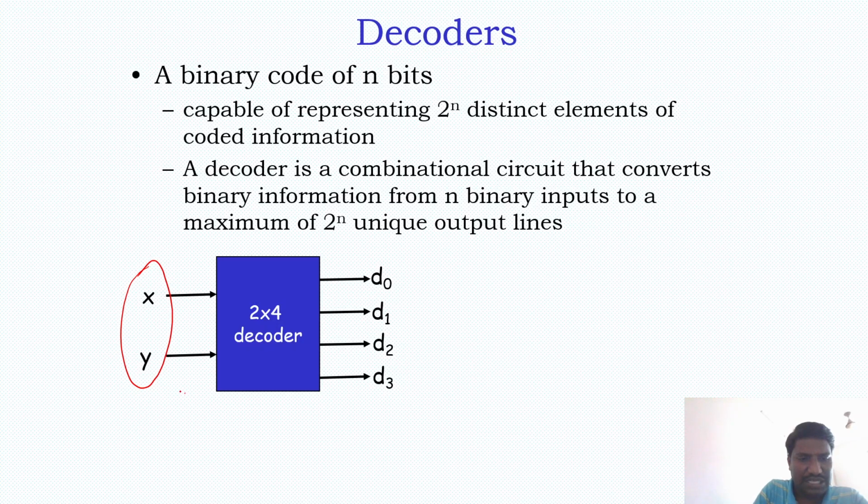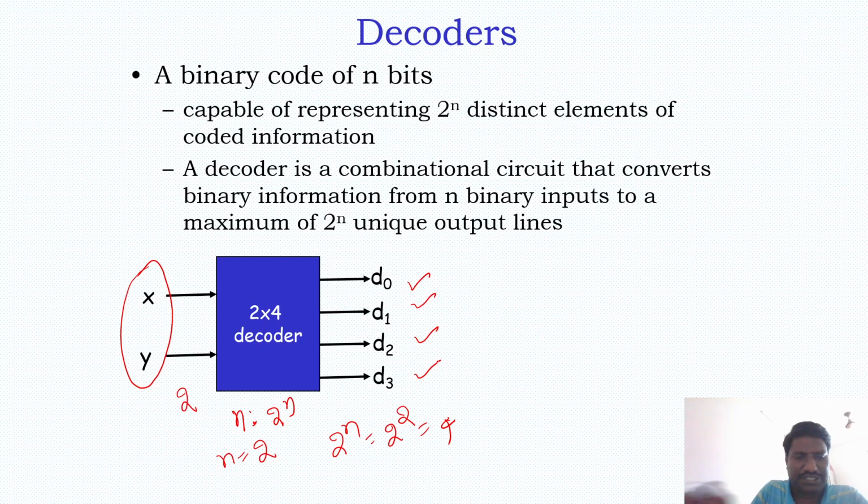In our case there are 2 inputs and 2 power 2 outputs, where n is equal to 2, so 2 power 2 is 4. So 4 lines, D0, D1, D2, D3.